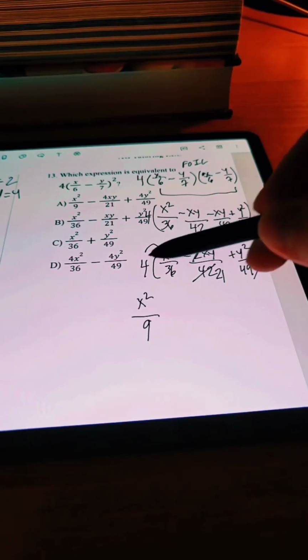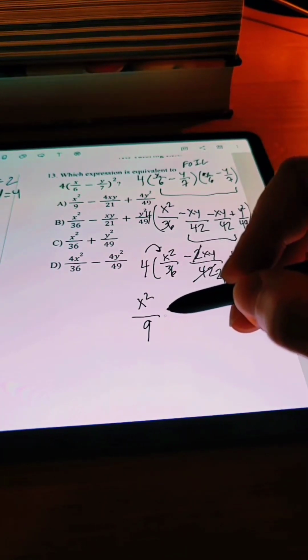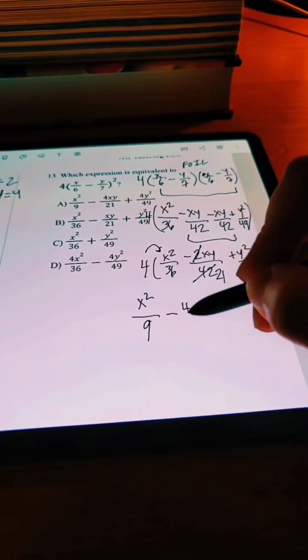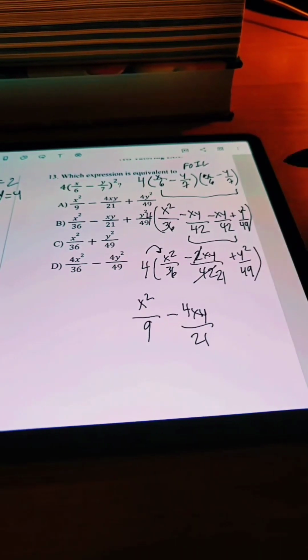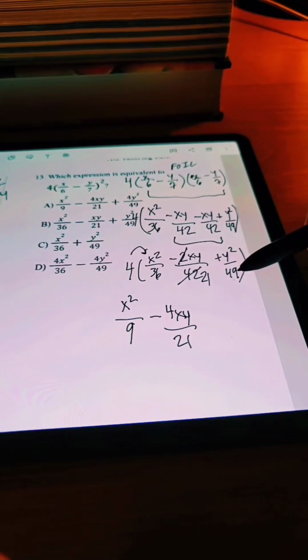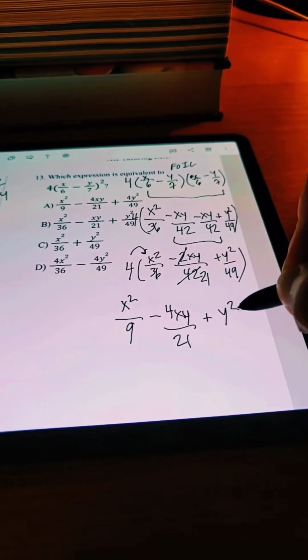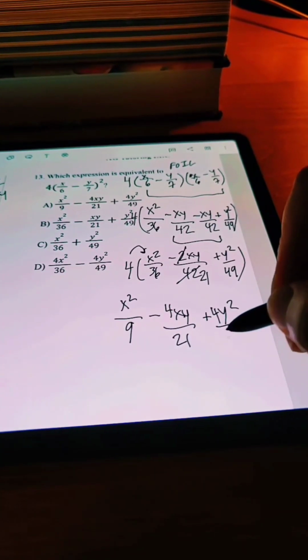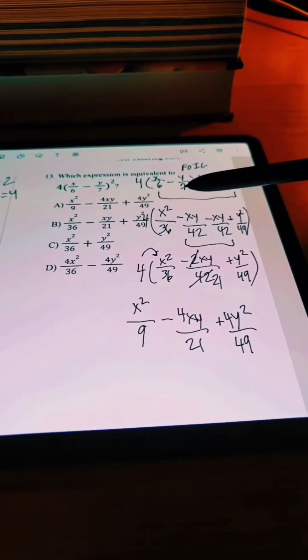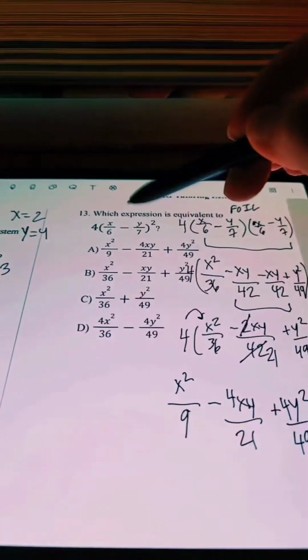Now 21 and 4 can't cancel out, so it's just going to be regular multiplication. So it's going to be negative 4xy over 21. And then 49 and 4 do not cancel out either, so it's just going to be plus 4y squared over 49. So then that's just going to be A right there.